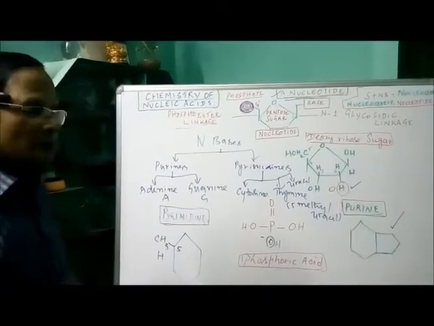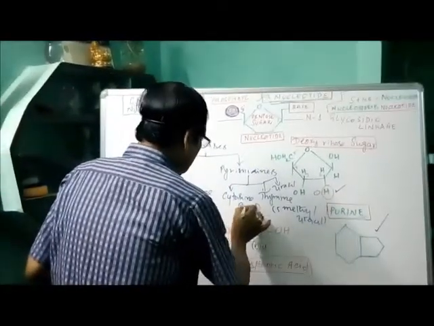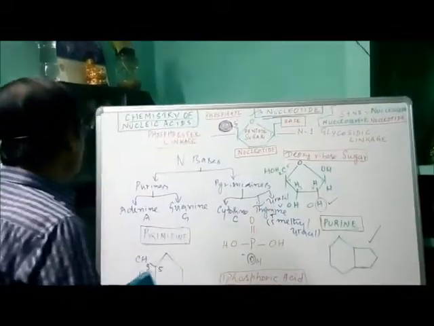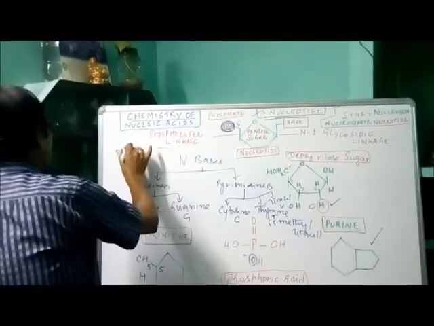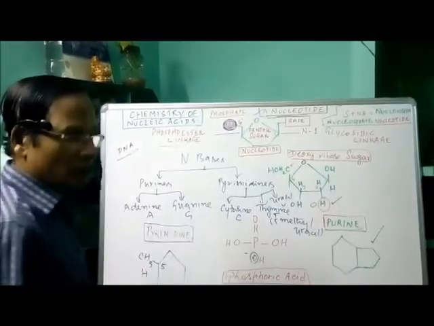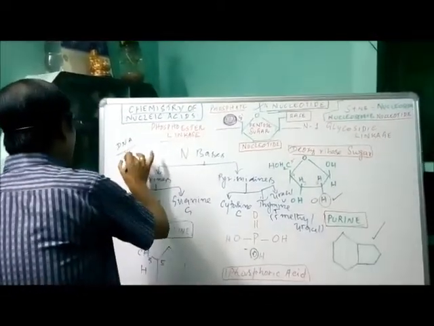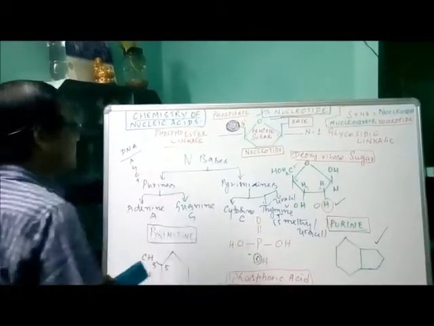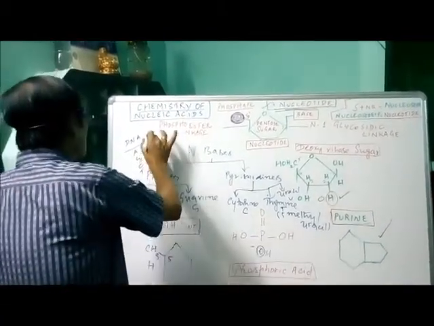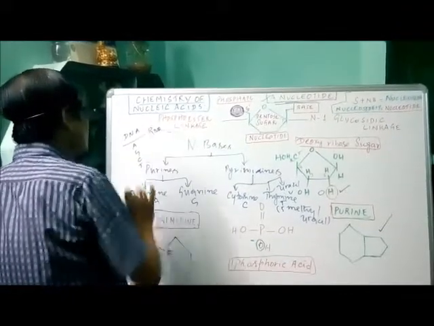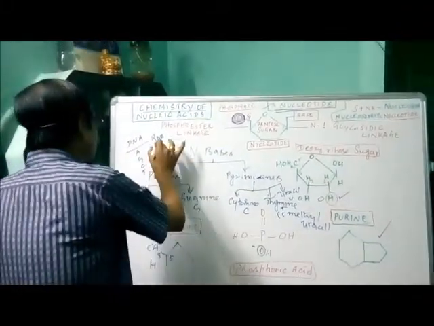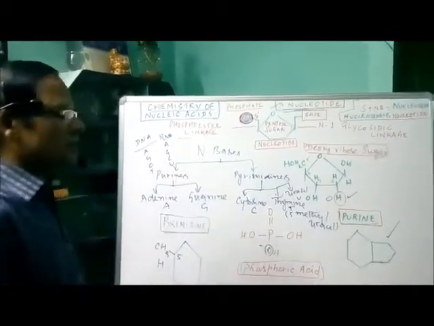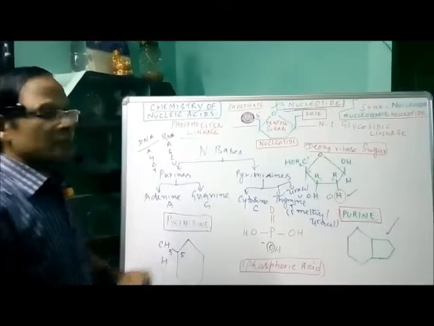Cytosine is represented by C, thymine is represented by T, uracil is represented by U. If you are taking DNA, it is formed of 4 nucleotides: adenine nucleotide, guanine nucleotide, cytosine nucleotide and thymine nucleotide. RNA is again formed of 4 types of nucleotides, adenine, guanine, cytosine, but uracil. So instead of thymine you have uracil.